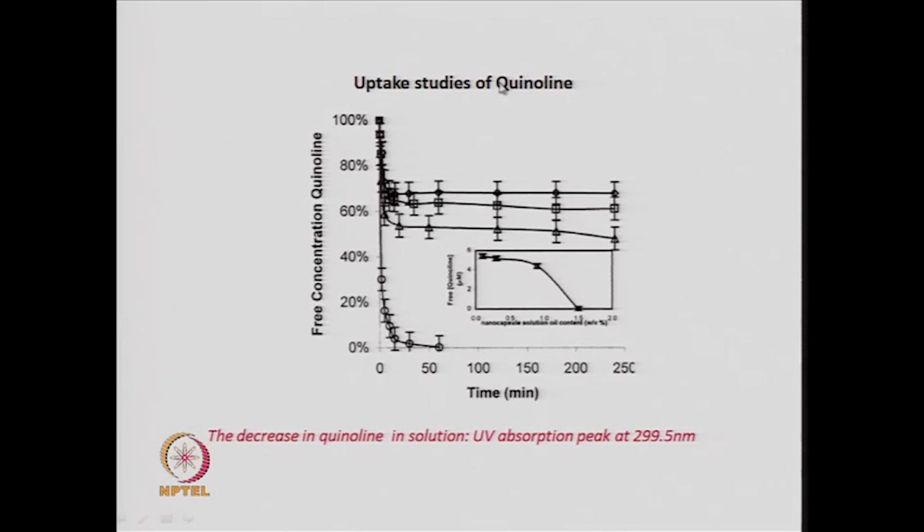So, uptake studies of quinoline show that initially there was a lot of quinoline in the solution because it was not inside the core, but after some time that concentration decreased because the quinoline was going inside and cannot be found in the solution outside.